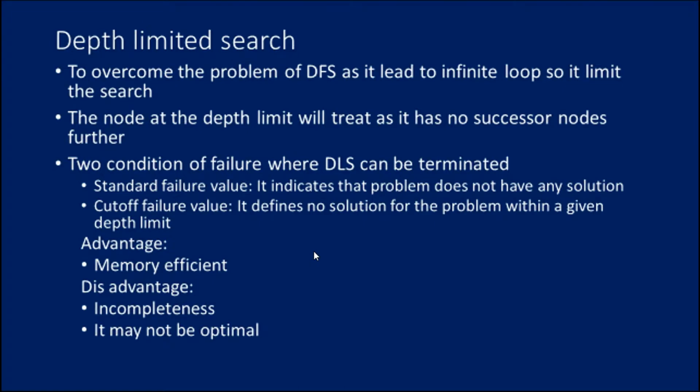It fails under two conditions: standard failure value and cutoff failure value. Standard failure value indicates the problem does not have any solution, whereas cutoff failure value indicates no solution within the given depth limit.